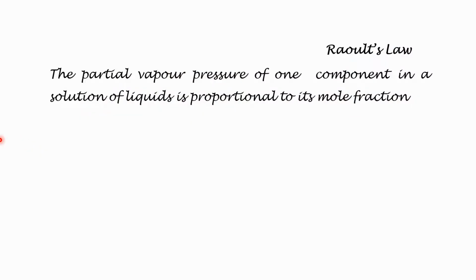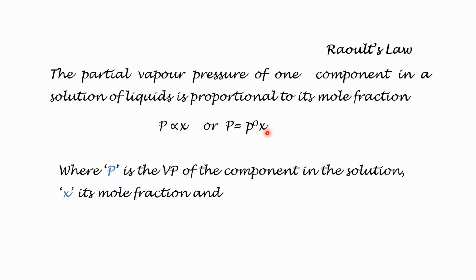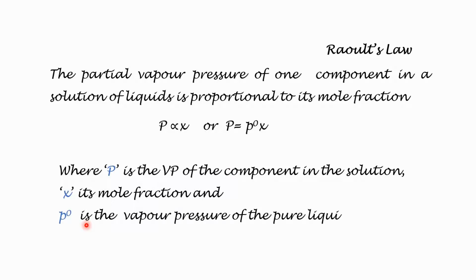Mathematically, we can write Raoult's law as P proportional to X, or the proportionality can be converted into equality by introducing a constant P0. So P will be equal to P0 X. Here P is called the vapor pressure of the component in the solution, X is its mole fraction, and P0 represents the vapor pressure of the pure liquid.